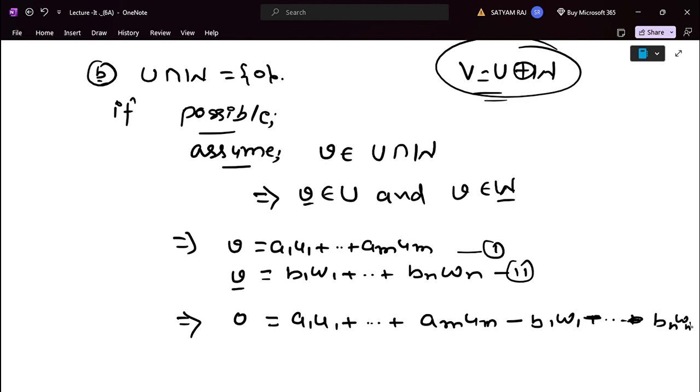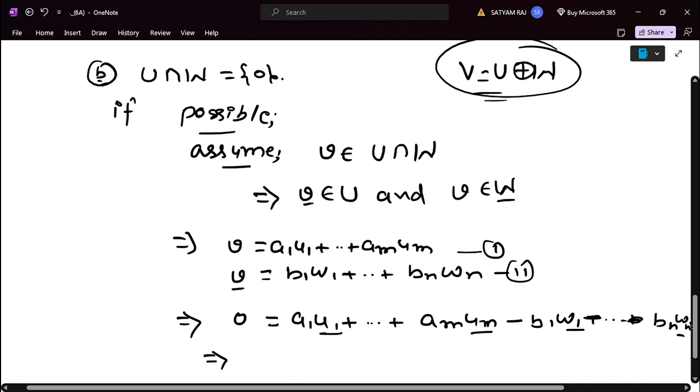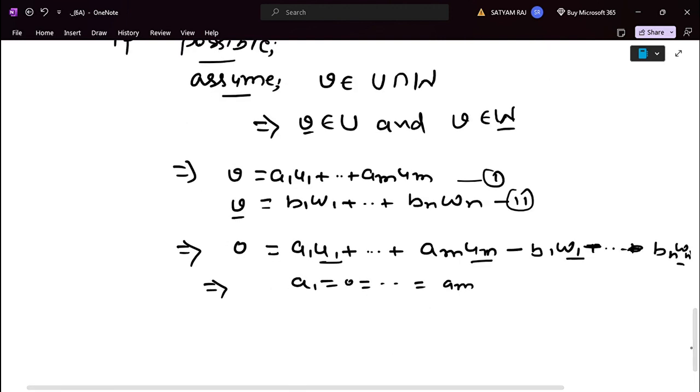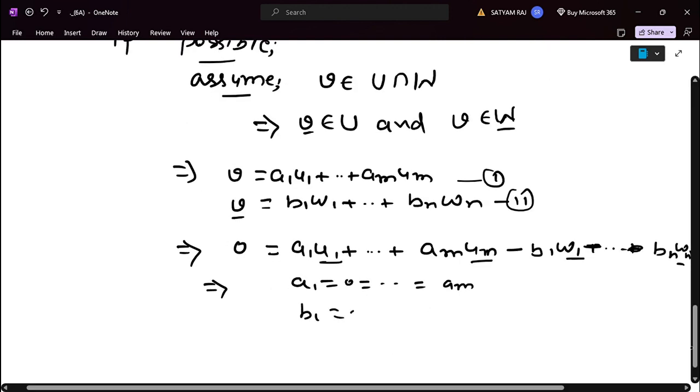Okay, this is it. But we know that u1 to um and w1 to wn is a basis for V, so all the coefficients will be 0, meaning a1 equals 0 equals am, and b1 equals 0 equals dot dot bn. So what does it imply?